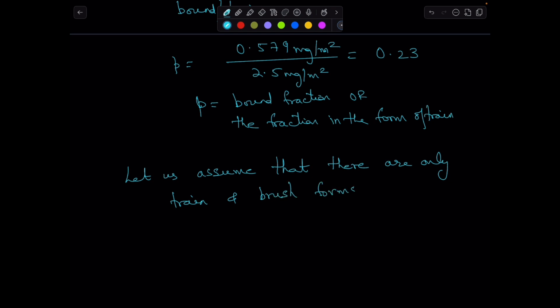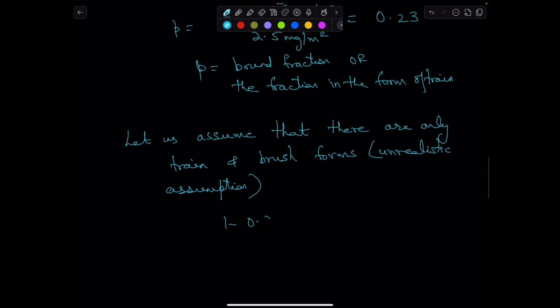So we are making this unrealistic assumption for our convenience. So if we do that, we can get 1 minus 0.23, which is 0.77, is the fraction of brush form.